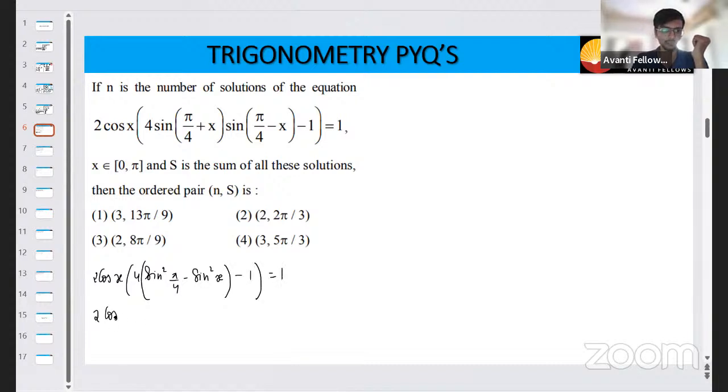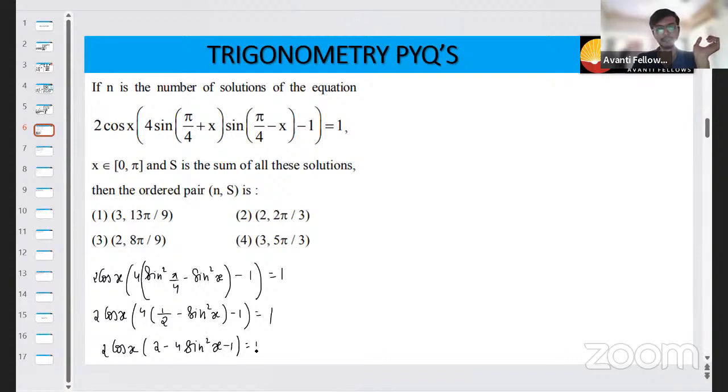So we'll get 2 cos x into 4 into sine square pi by 4, which is half, minus sine square x minus 1 equals to 1. So 2 cos x, 2 minus 4 sine square x minus 1 equals to 1. So what do we have here? We have 2 cos x into 2 minus 1 is 1 minus 4 sine square x.